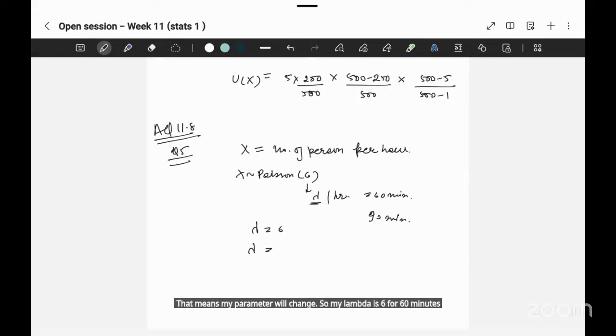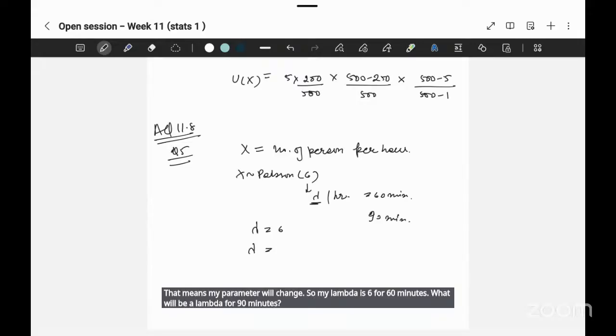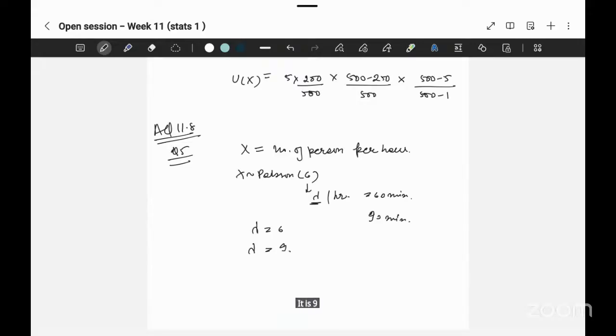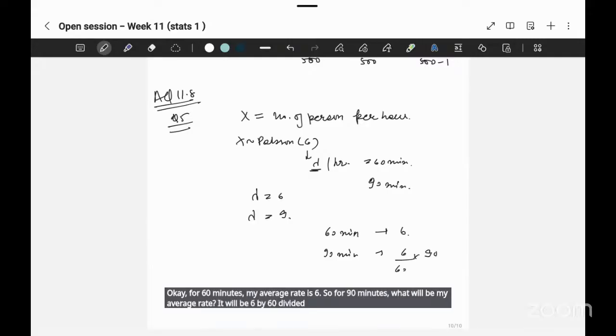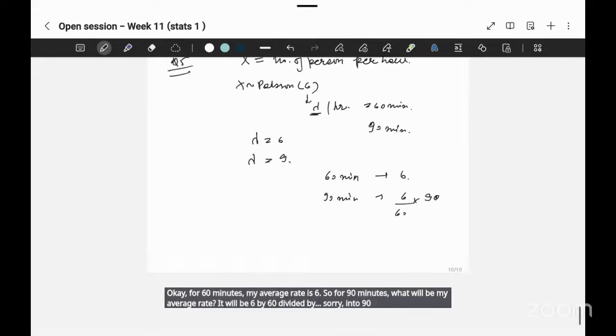What will be the lambda for 90 minutes? 9. How did you get that? For 60 minutes, my average rate is 6. So for 90 minutes, what will be my average rate? It will be 6 by 60 into 90. Got it?